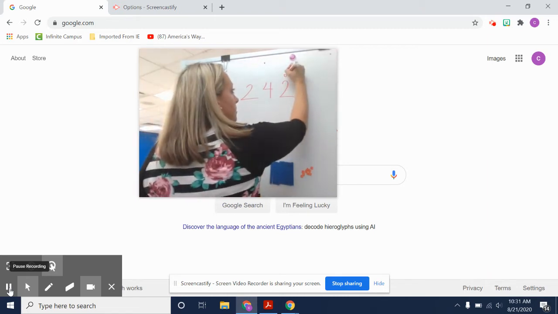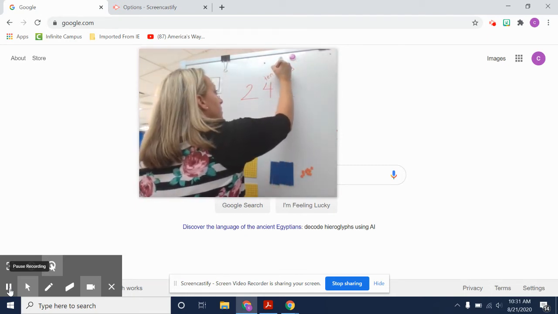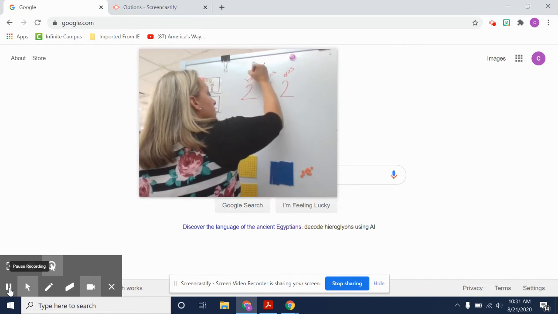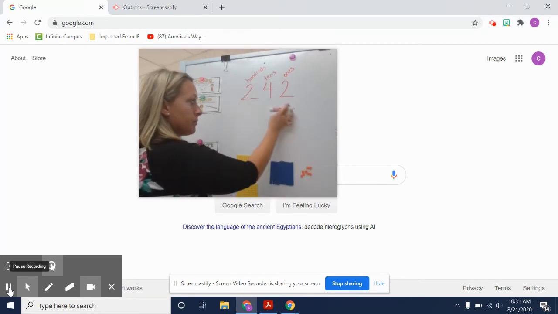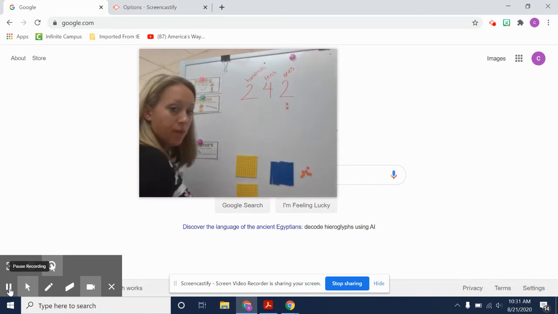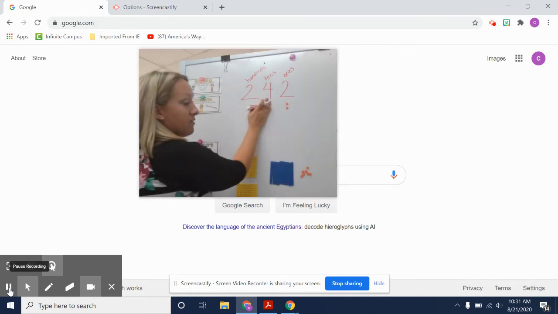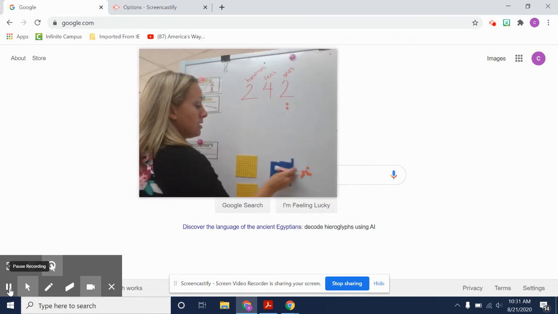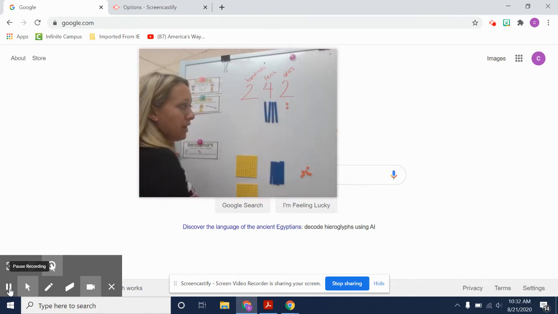Ones place, tens place, hundreds place. So how many ones do I need to pull up? I need 2 of those. So you can draw 2 cubes. I need 4 tens. 10, 20, 30, 40.